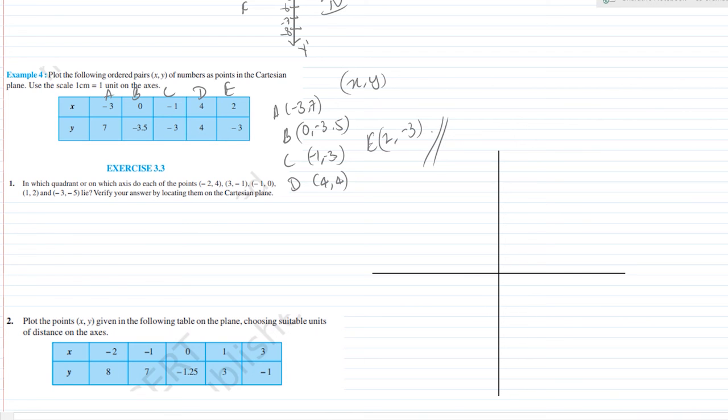So just make a graph like this, name this as y, and these are x, x dash, y dash. Just plot the graph, right?